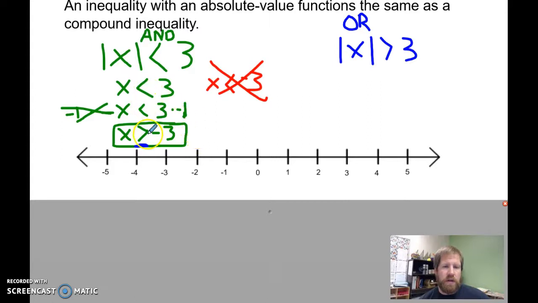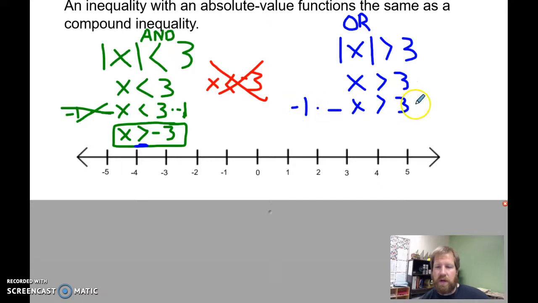You're going to change the sign for your negative case. And then this one, same thing. We're going to have our positive case, where x was positive, and then we're going to have our negative case, where we had a negative x and a positive 3, multiply by negative 1, cancel, x, flip the sign, negative 3.